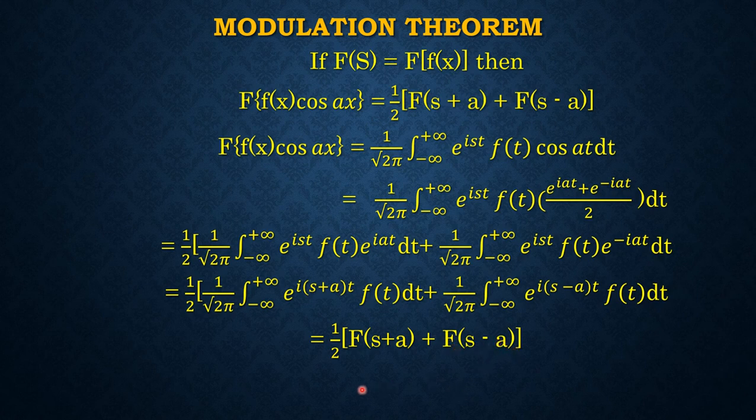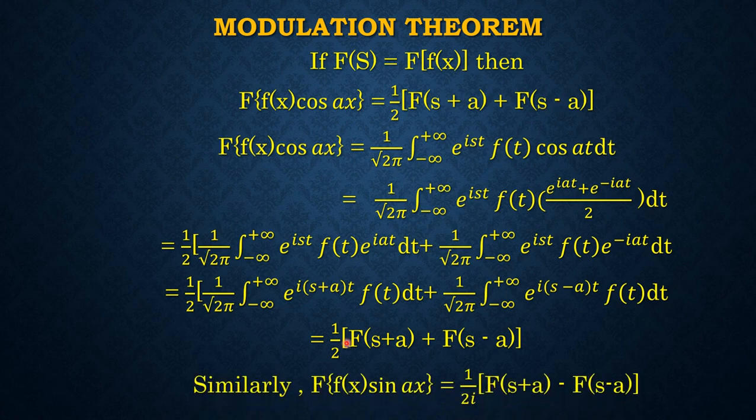Thus we see that the Fourier transform of f(x) cos ax is equal to this. Similarly, for the sine function, the Fourier transform of f(x) sin ax is equal to 1 by 2i into F(s plus a) minus F(s minus a).